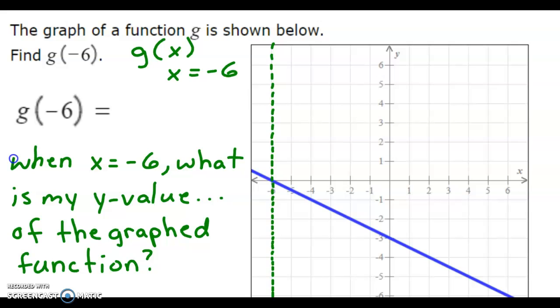What's your y value on the graph when x is equal to negative 6? So that actually ends up being 0 as well. Okay?